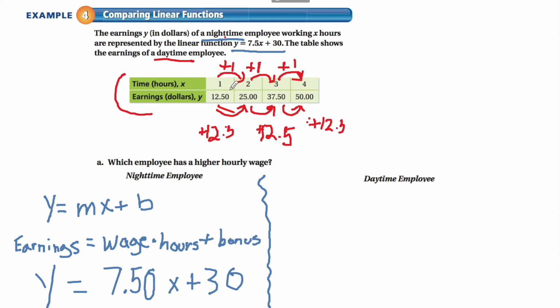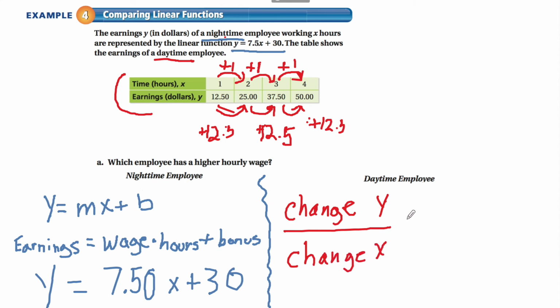So if we look at it, remember, to find the slope, it is his change in y over his change in x. So as time increases by 1, his change in y over his change in x is equal to, so his change in y increases by 12.50 each time.